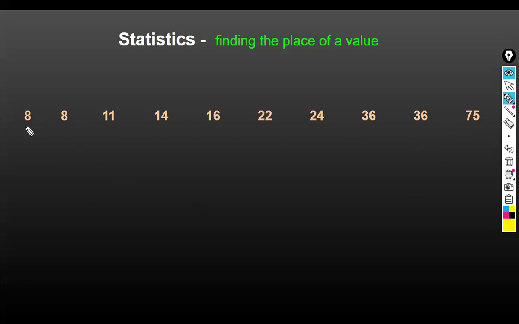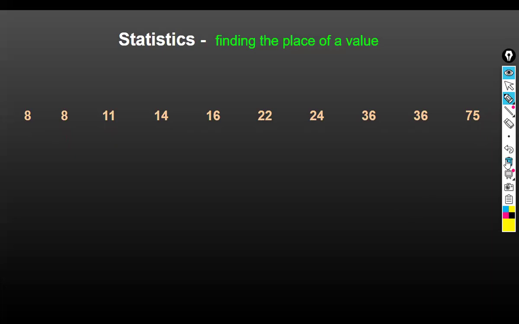One person said they were 8 years old, another person said they were 8, another person said they were 11. You're getting the hang of this. And there was even somebody who was 75 years old. So whenever you see numbers in statistics, the numbers always have to represent something, and it's supposed to be stated somewhere in the question. In my question, this is the age of people.